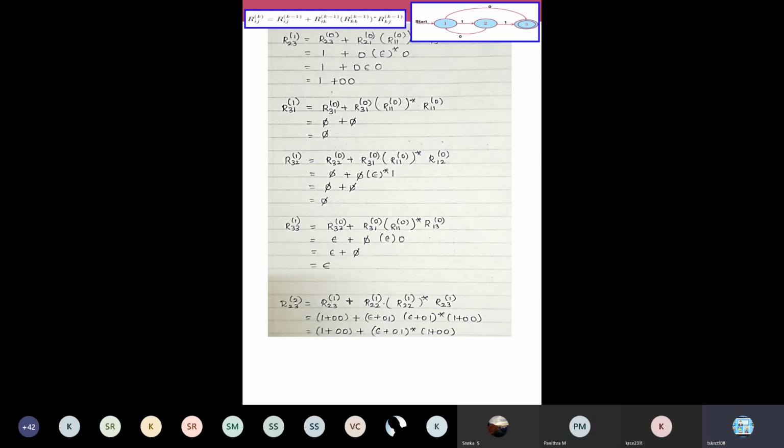So now, after minimizing here, see, we have once again some common term here. Write down this, I'll tell you. So in the next step, we just see 1 plus 0 0 plus epsilon plus 0 1. So we can further minimize this epsilon plus 0 1 the whole star, is it not?